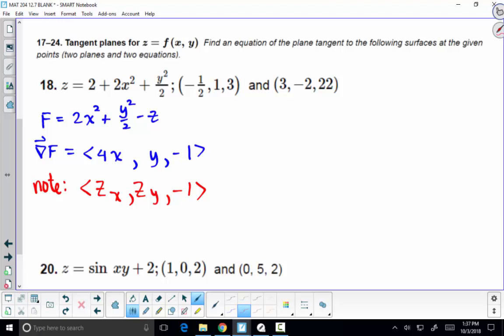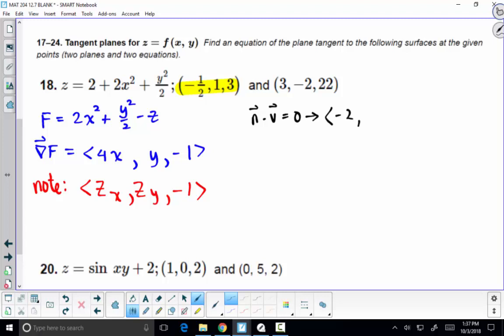So we're going to think of our plane as n dot v equals 0, with the normal vector at the point of interest. They've asked us to build 2 tangent planes. Let's just build 1. So n at our point of interest: we're plugging in -1/2 for x, so we get -2.